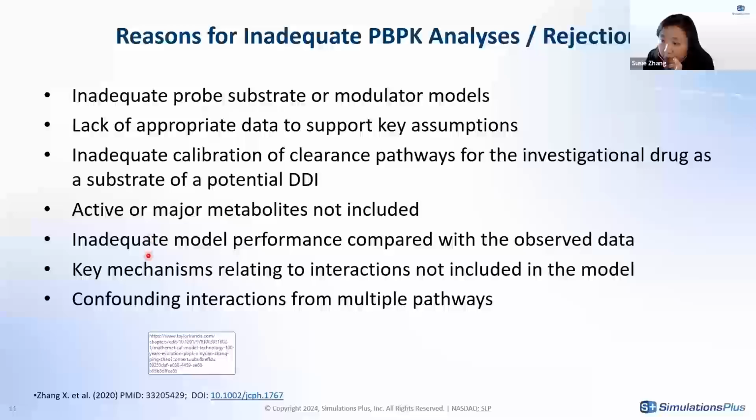Could also be inadequate model performance compared to the observed data, meaning the model prediction is far off from the observed data. Or a key mechanism relating to interactions not included in the model. Again, if not included, justification should be provided, since these key parameters might impact the DDI potential assessment. And it could also be confounding interaction from multiple pathways that cannot be separated.